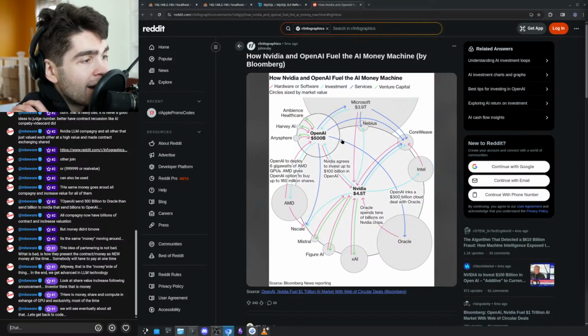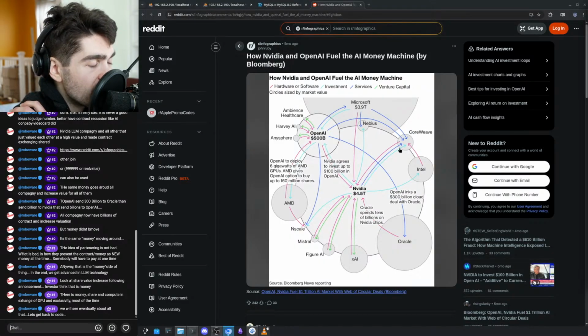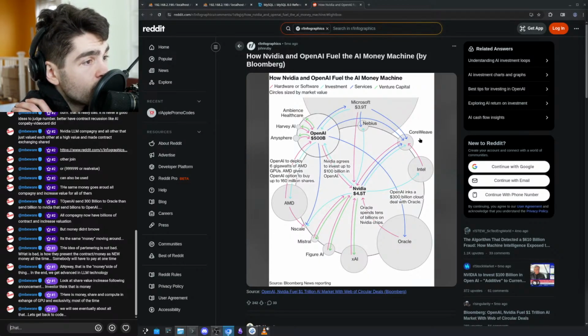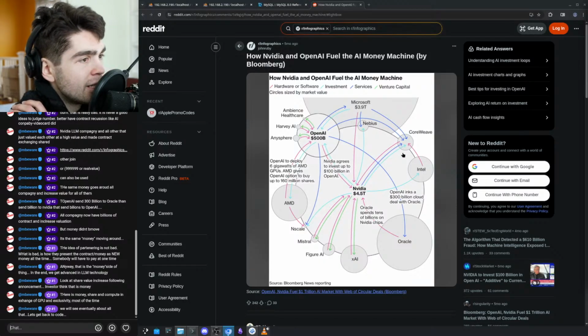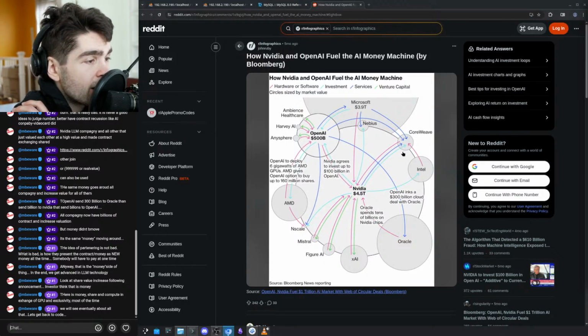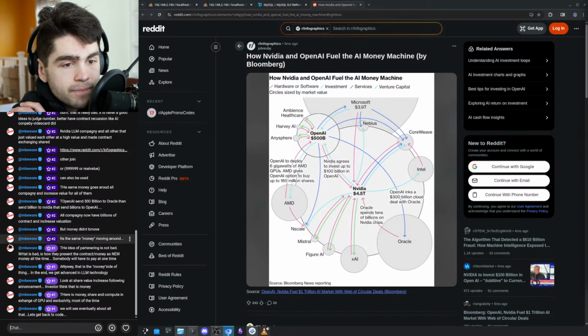And if you buy into this whole system, you believe that CoreWeave is going to stay alive. So from their view, it just makes sense. But if tomorrow CoreWeave said we're going to put 1 trillion on the table, everybody would look at this and be like, this is messed up, and everybody would get a hit.